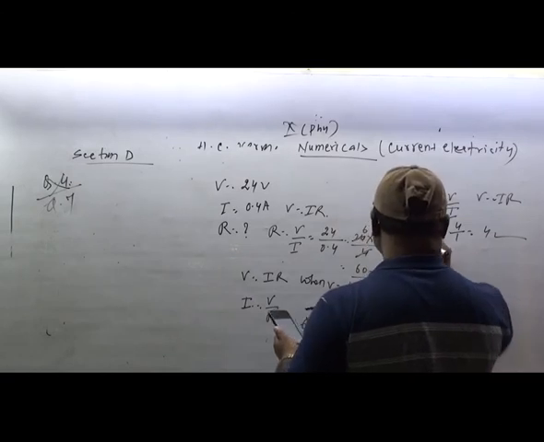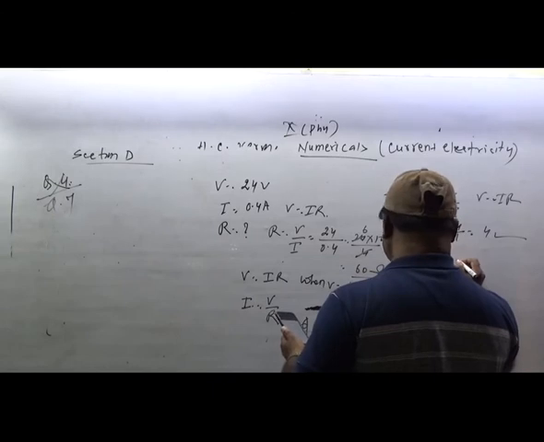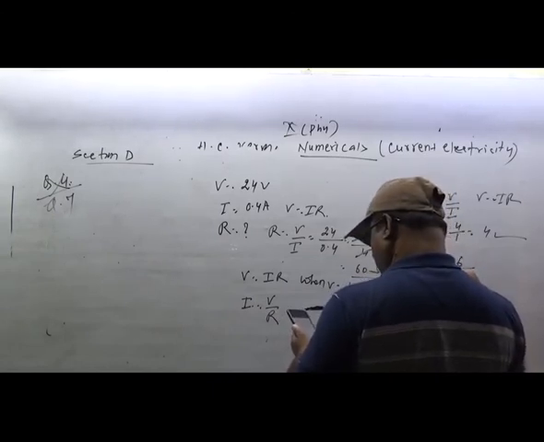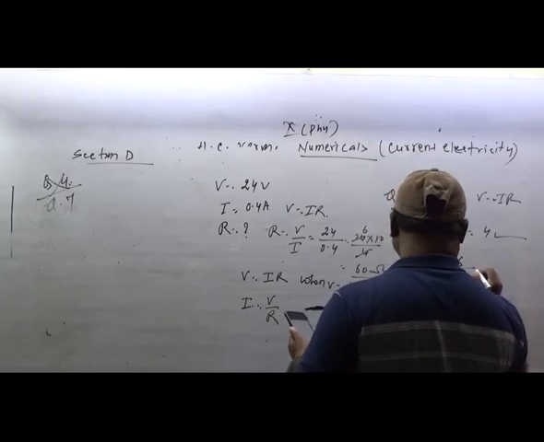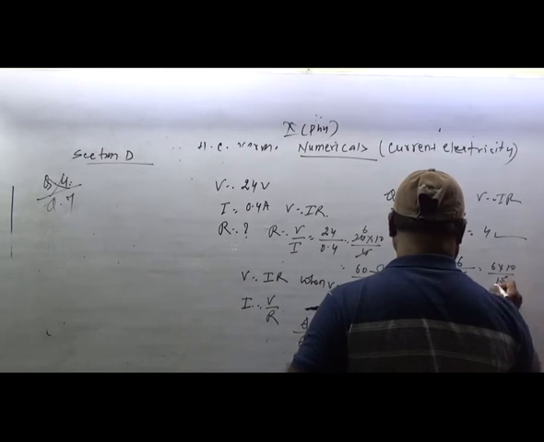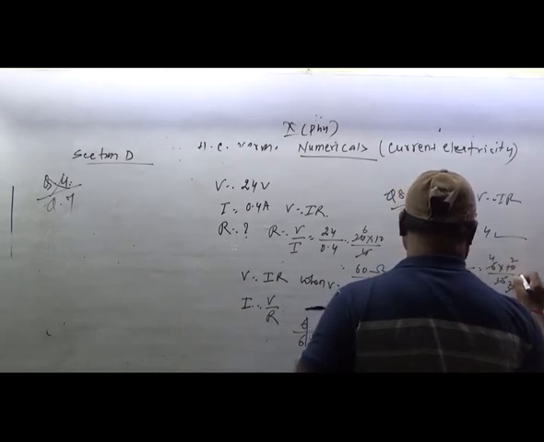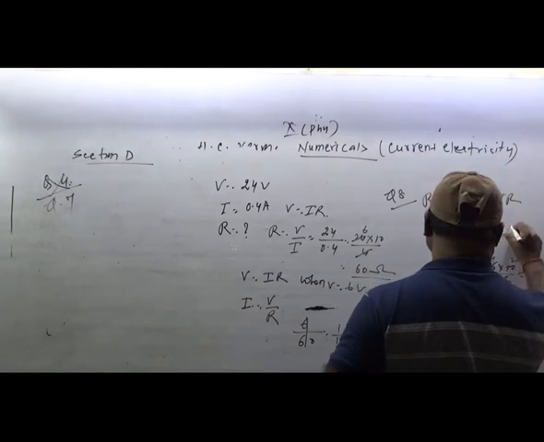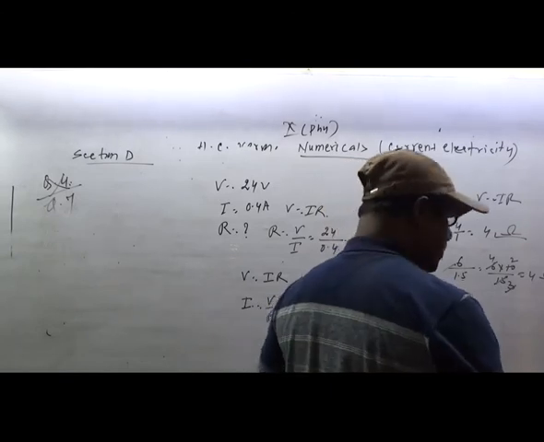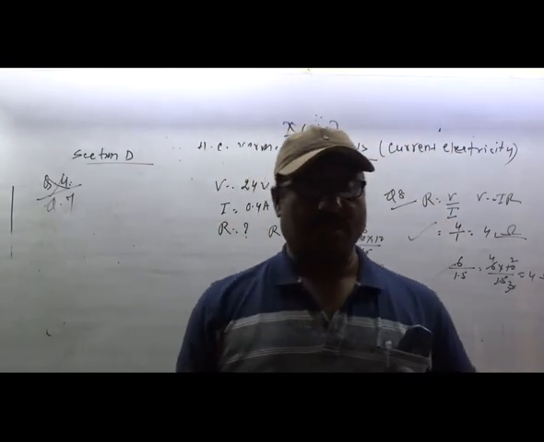Second case, 6 by 1.5, 6 into 10, 15. So this way we can check if in all situations the value of resistance is the same, then Ohm's law is verified, otherwise not. Alright.